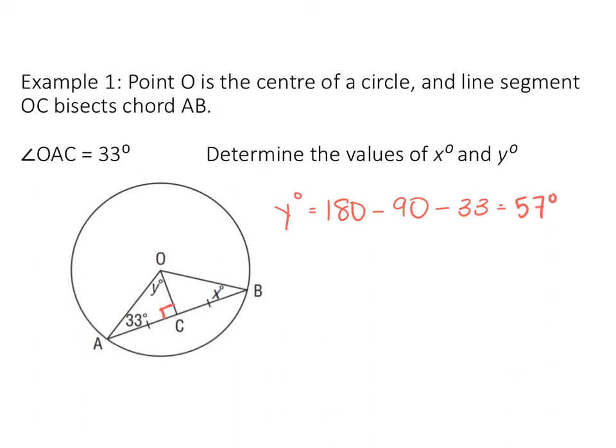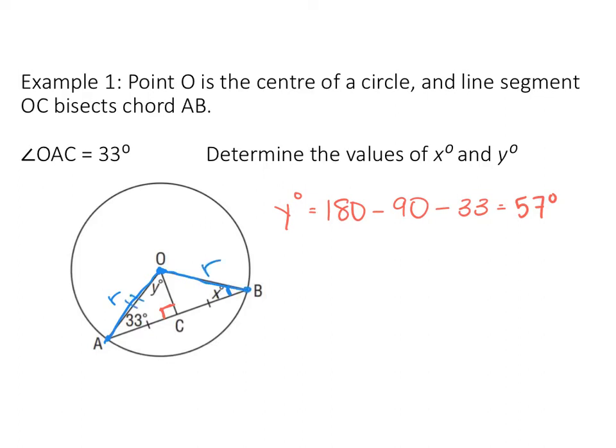X, let's think here. So X, we're looking for, let me change my color. X, we're looking for this angle here. Well, the easiest way that I can think about is that OA is a radius. OB is also a radius.